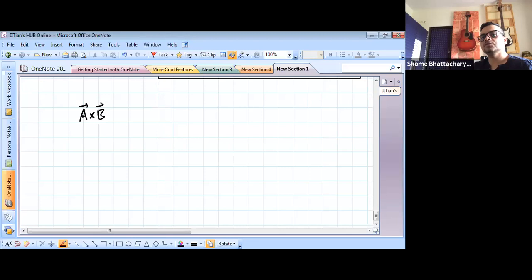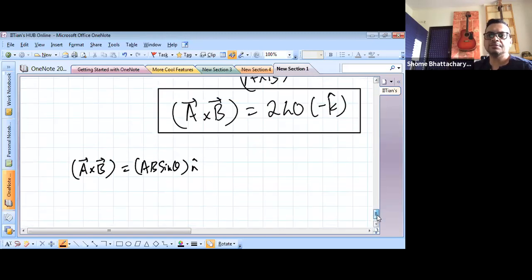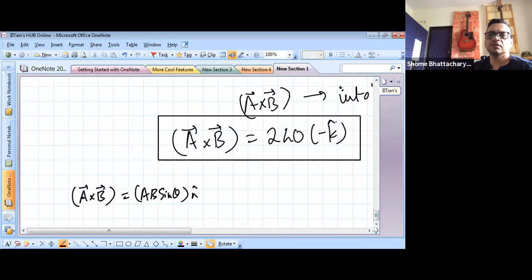So A cross B is AB sine theta n cap. There is a precise value of n cap. That's why in the last question, Vatsal, n cap's direction became minus k cap. So the precise value of n cap is minus k cap.